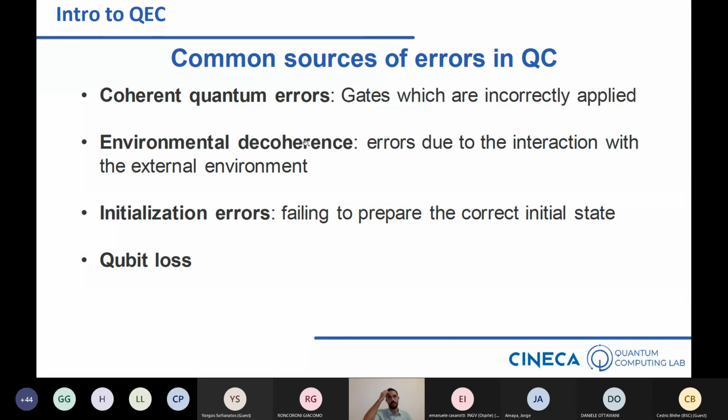This means that your quantum system interacts with the environment, and the evolution, when the quantum system interacts with the environment, is no more governed by a unitary evolution, but by something that is called a master equation. So it becomes something completely different.